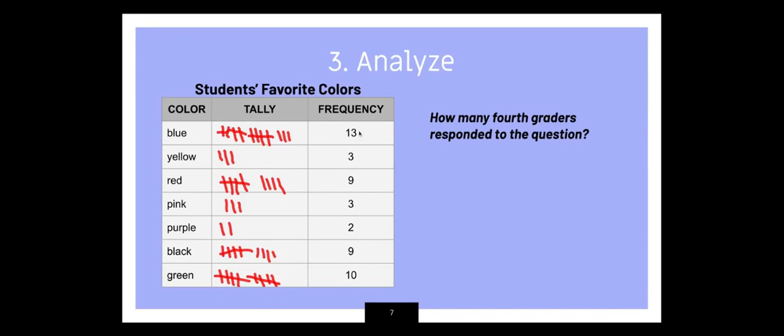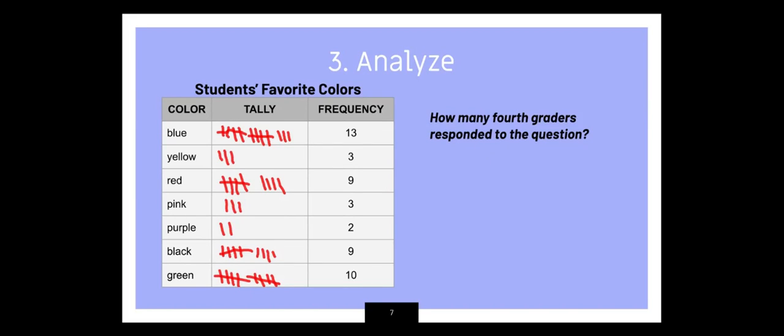So if I had 13 altogether, that's 13 4th graders who chose blue, and 3 4th graders who chose yellow, and 9 and 3 and so forth. And so if I'm constantly saying 13 and 3 and 9 and 3, that means I'm going to be adding all of those together to find out how many 4th graders responded. So if I take all of those and add them together, we get 49.